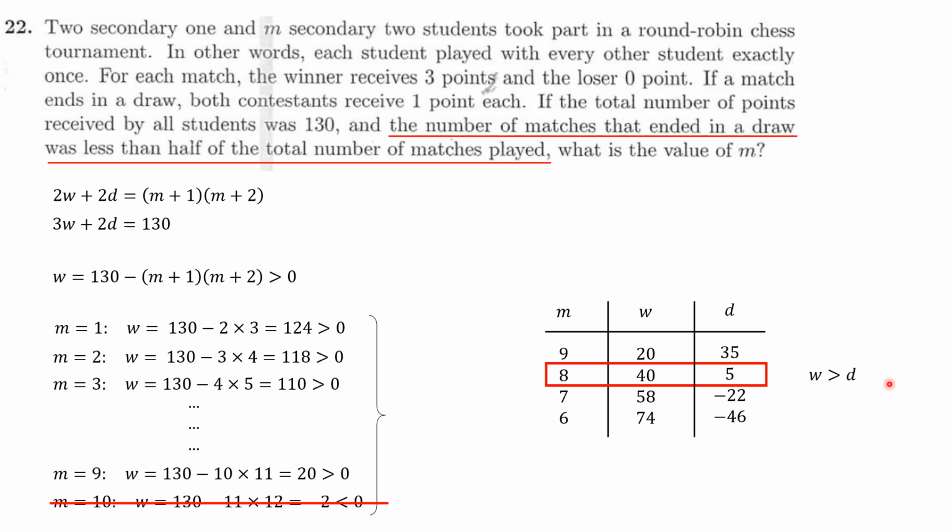That means there is only one possible choice, which is draws is 5. The number of games that ended in a win has to be 40. The other one will not satisfy this, because there the number of draws is 35, which is bigger than 20. And our answer would be that the number of secondary 2 students, or m, has to be equal to 8. And that's the answer to this problem.